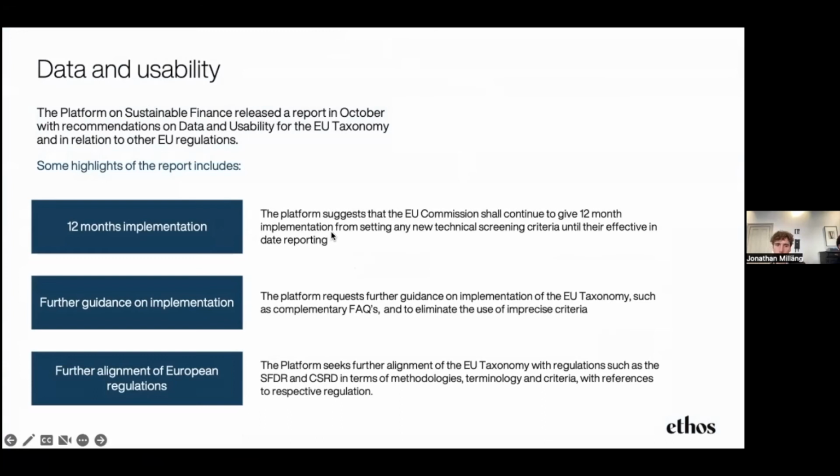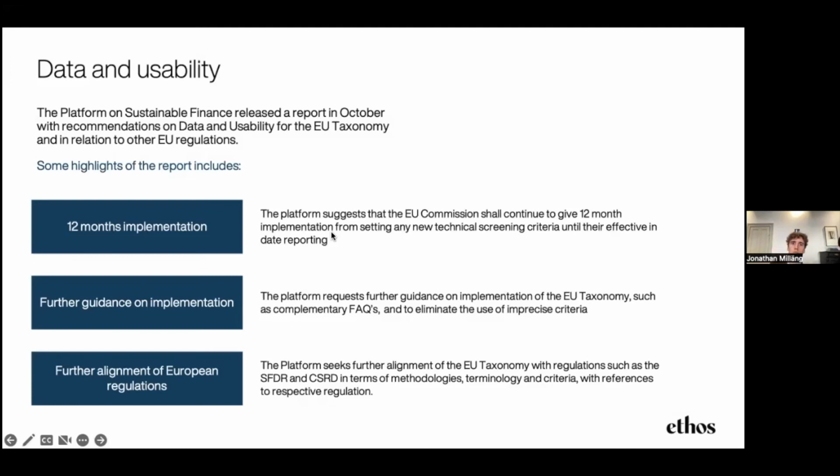The platform on sustainable finance, which has been assisting in drafting all regulations, has published a report with recommendations on data and usability for the EU taxonomy, and also in relation to other EU regulations. It's quite a long report, but we took out some highlights that could be of relevance for you.